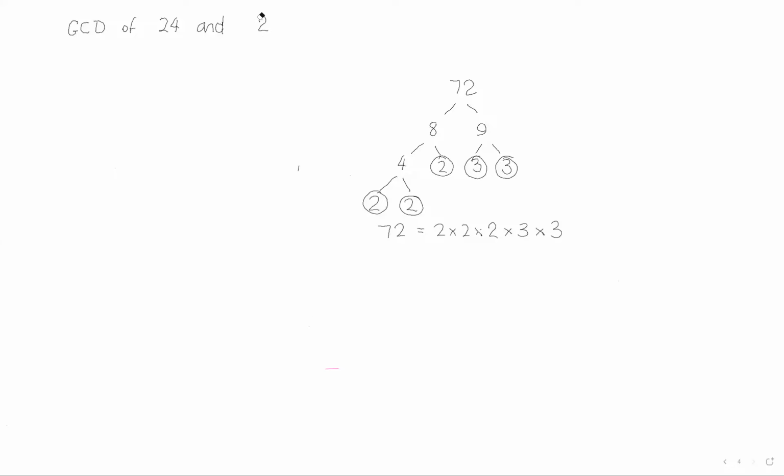What if we now wanted to find the greatest common divisor of 60 and 72? So let's leave 72 up because we've already calculated it. But let's work out the factor tree for 60.